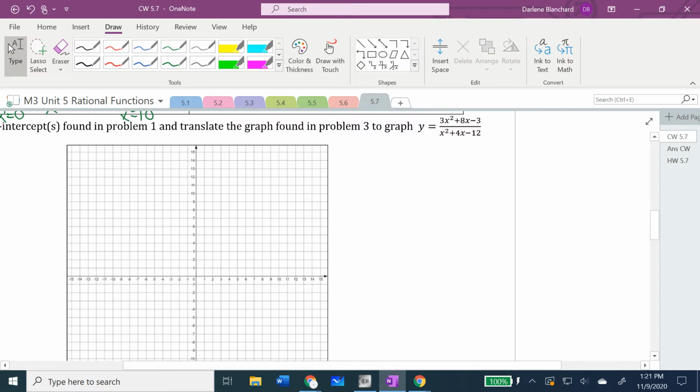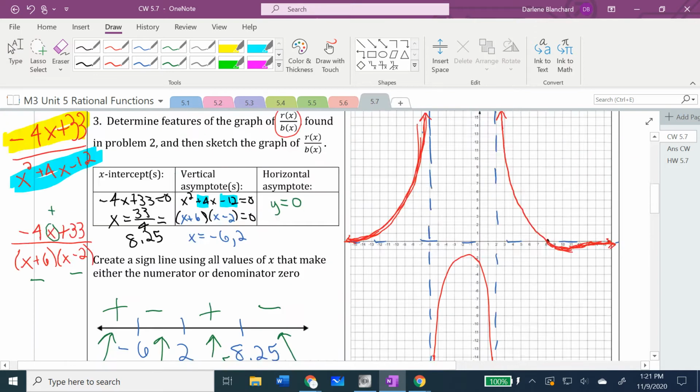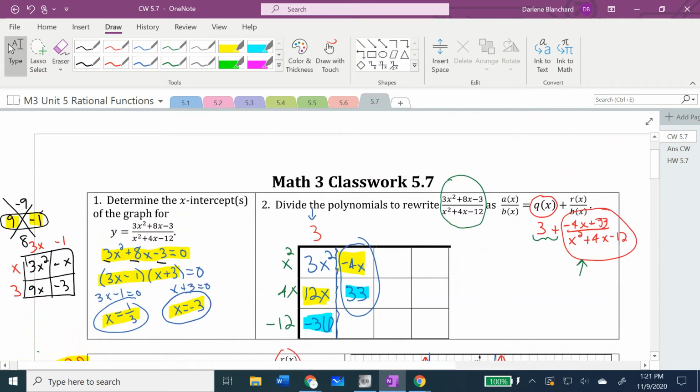All right, here we go. Now, if I look at the work done in number 1 and 2, I found x-intercepts of the function I'm trying to graph.